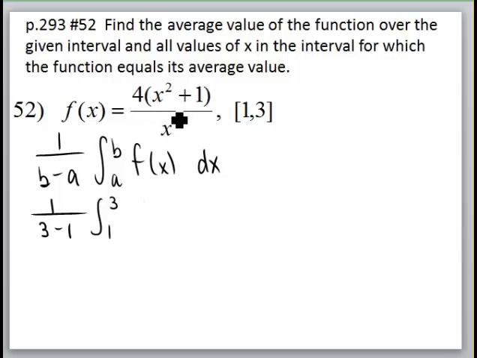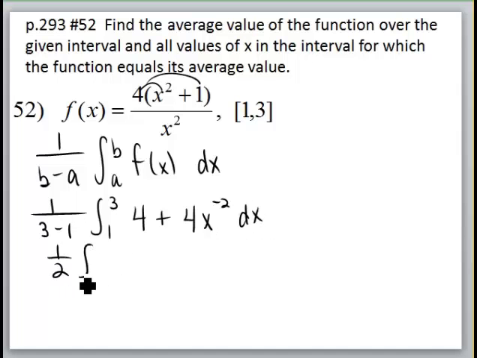Let's go ahead and simplify this. This would be just plain old 4. 4x squared divided by x squared would be 4. Plus 1, well, I'd have to distribute my 4 through. So I'd have 4 x to the negative second. And we will go ahead and integrate this now. So we'll have 1/2.